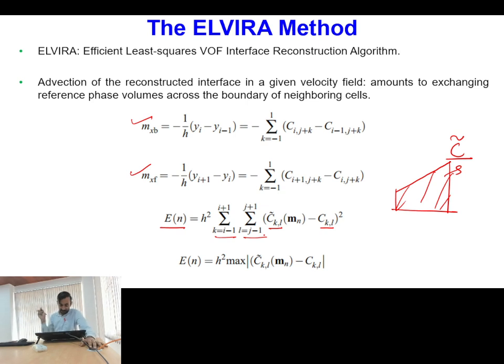You have to remember one point here: when I sum over the entire stencil, first it will use a single value of slope, then it will use the second value of slope, so it uses all the values of slope in this single error function. We determine the value of the error function, and whichever slope gives the least error, we choose that particular line segment out of 6.